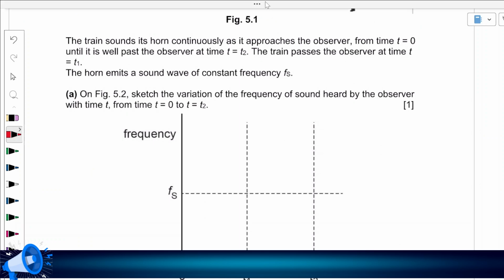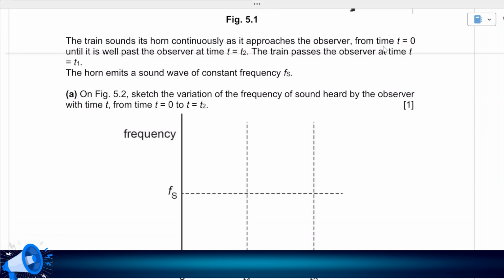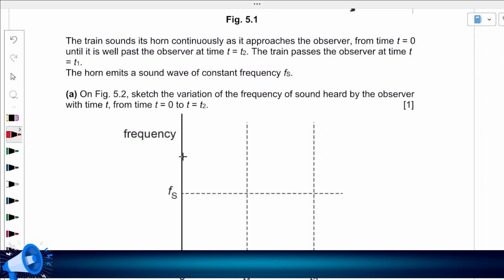When the train approaches the observer, the observed frequency would be more than the source frequency. It would be constant and more than the source frequency. You don't need to write this one, this is just for reference.